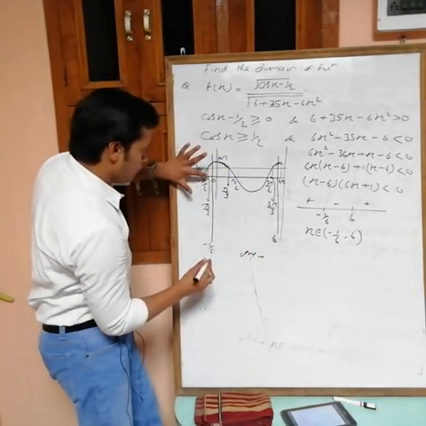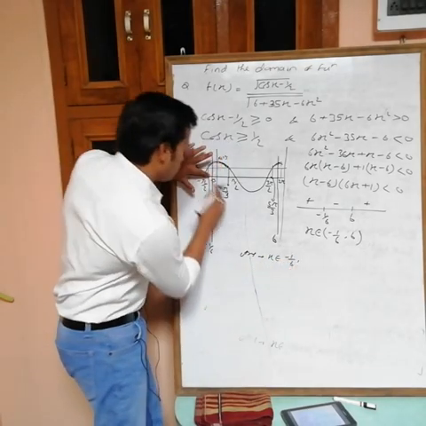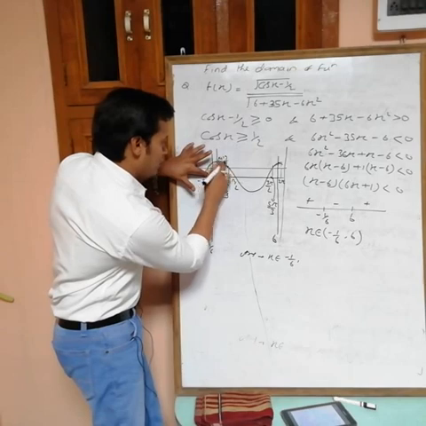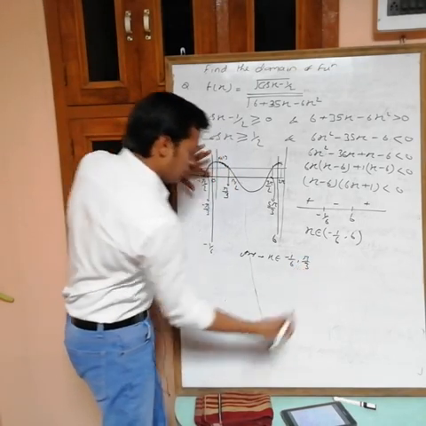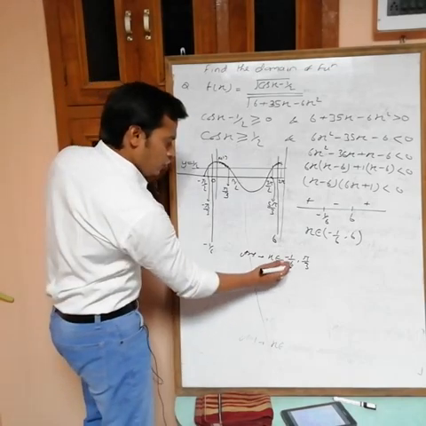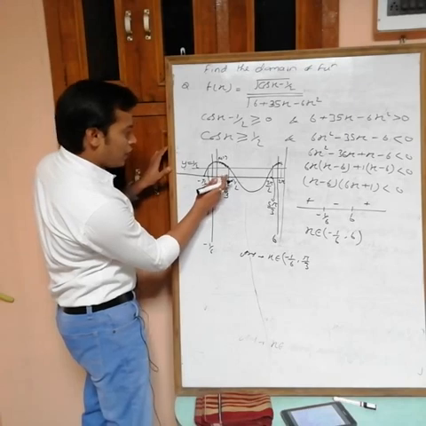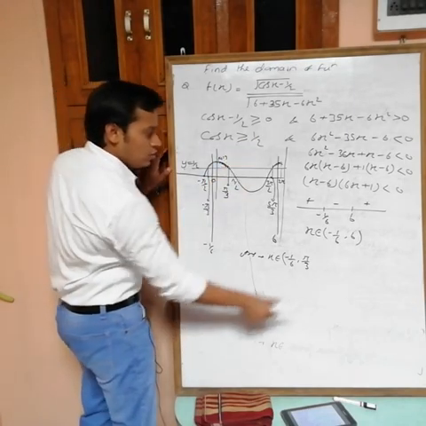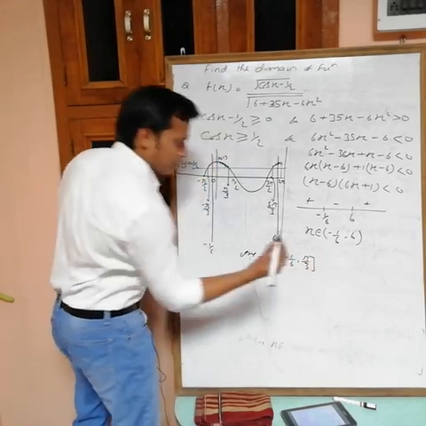Now check one thing: can I include minus 1 by 6? No. Can I include pi by 3? Pi by 3 satisfies this one and also lies in this one, so I can include pi by 3.